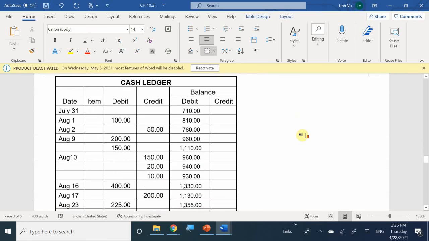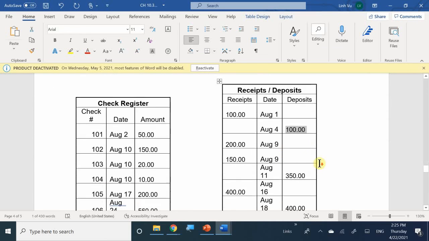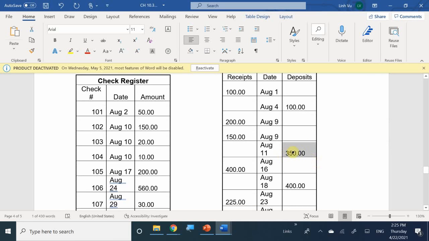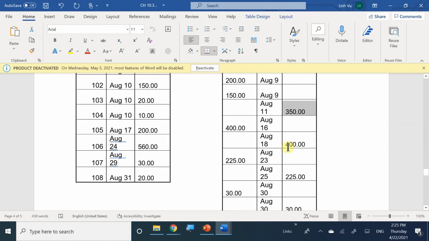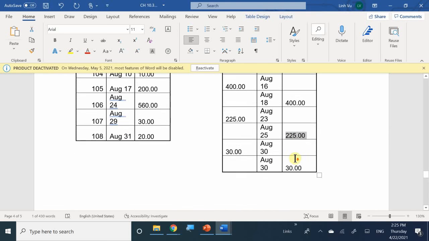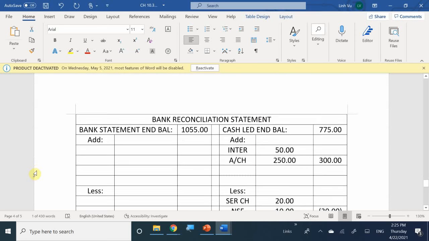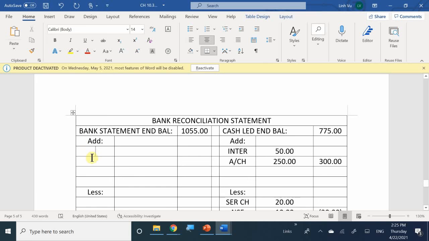So let's take a look at our deposits. We got the 100 here. Boom, that cleared. We got our 350. Boom, that cleared. We got our 400. Boom, that cleared. And 225 was the last thing that was deposited in our bank. So therefore, what am I left with? $30. $30 deposit, and this was made on August 30th. So here you could put the date. Usually you'll have a slip number.